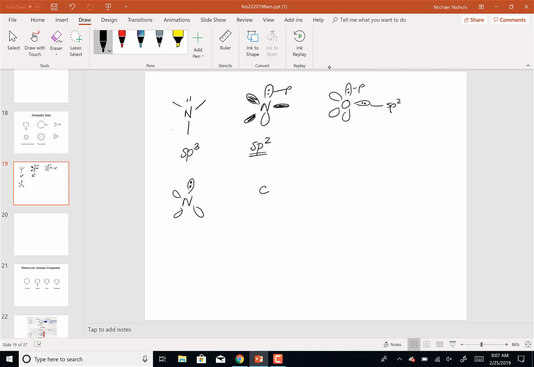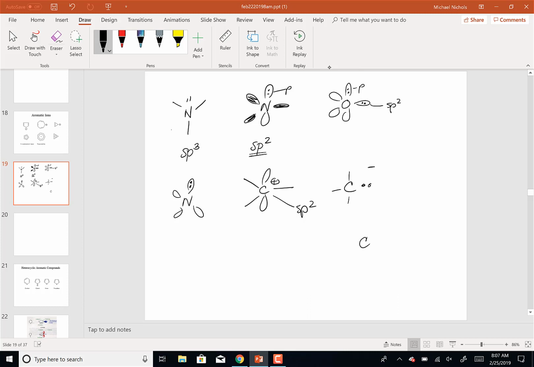For carbon, what we know is that a carbocation has to be sp2. So when you have a carbocation, it must be sp2, with an empty p orbital. But if you had a C minus, a C with 3 bonds and a lone pair so that it has an overall minus charge, carbon can do the same thing that nitrogen does.